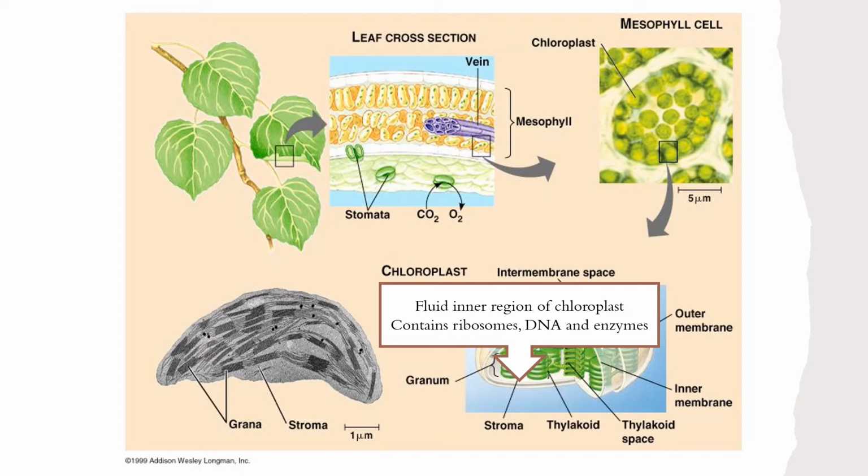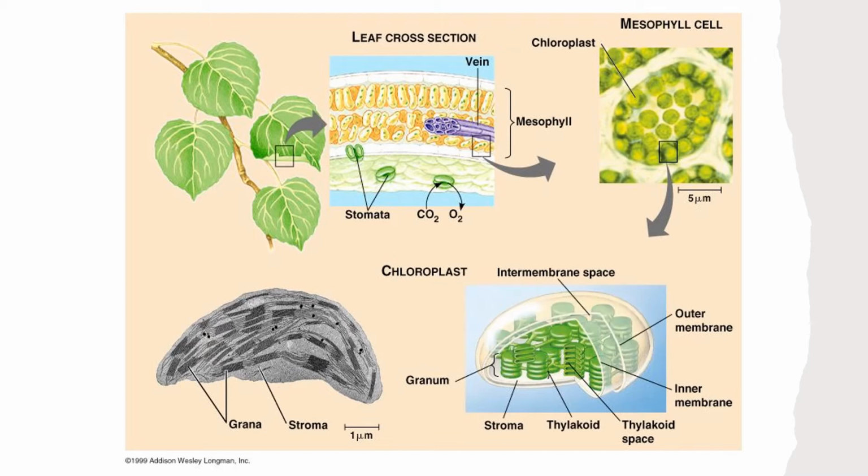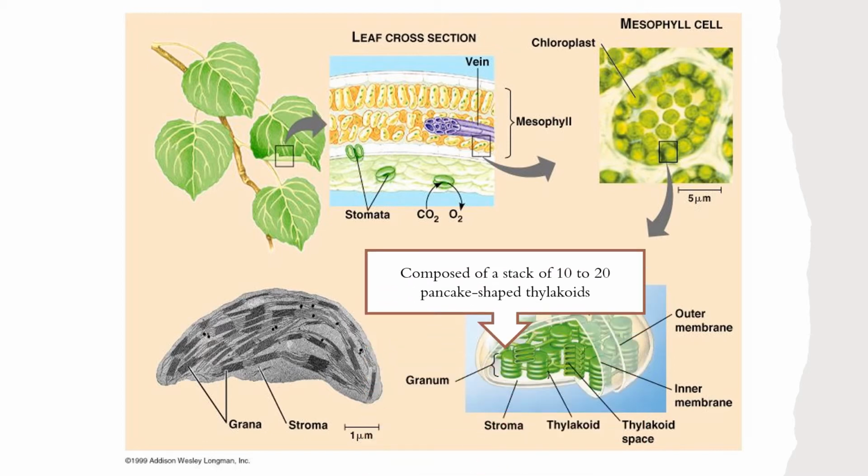Now, two membranes enclose the stroma, which is the chloroplast's fluid inner region. This gelatinous fluid contains ribosomes, DNA, and enzymes. Be careful not to confuse the stroma with a stoma, which is a leaf pore. Suspended in the stroma are between 10 to 100 grana.